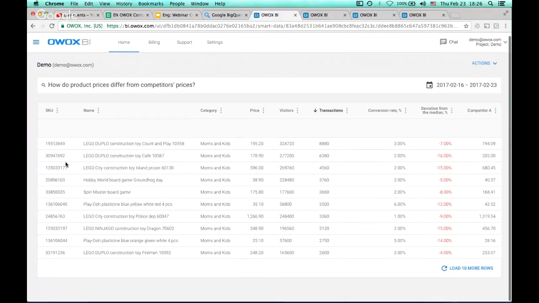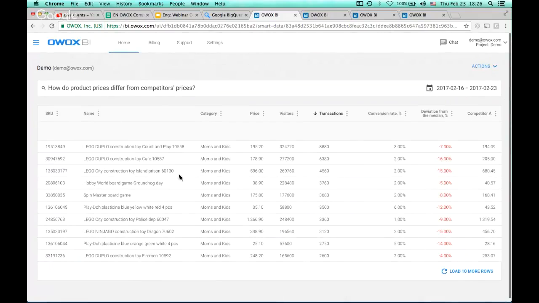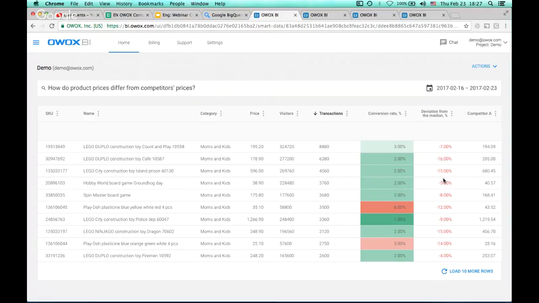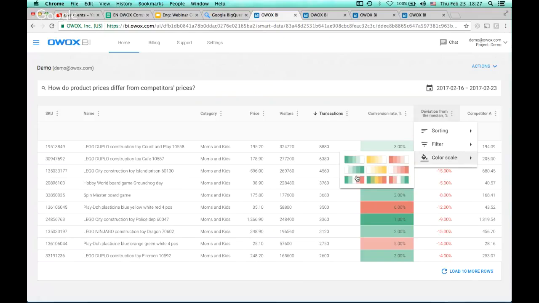So we have SKUs, product names, category, prices, and we have conversion rate and the difference of this product's price with the competitors' ones. For example, we can apply a color scale to see which products have a higher conversion rate and what the deviation of price from the competitors is.